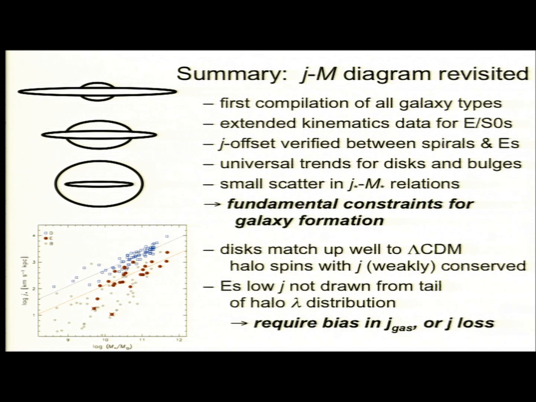And we continue to see this offset between spirals and ellipticals, which is parallel and with a fairly tight scatter in each galaxy type, which is equivalent to the scatter you expect in lambda CDM halo spin, the scatter of the spins. And it appears you could model this with a difference in angular momentum conservation, where the spiral galaxies have conserved most of theirs, and elliptical galaxies have lost 90% of theirs.